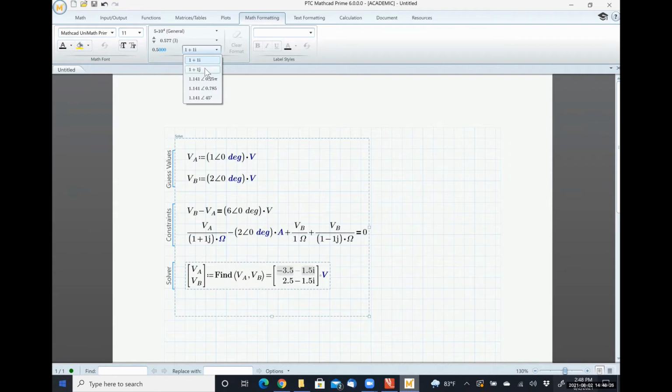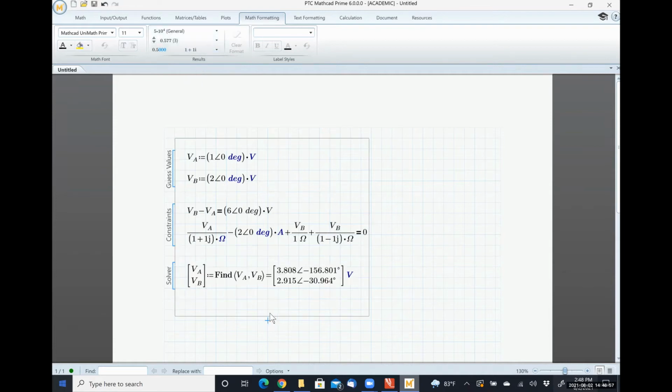The next one down is rectangular format with J as the imaginary operator, which is how we express complex numbers in rectangular form in electrical engineering. Then I have polar form, where I have a magnitude and then an angle in pi radians. I have polar form with an angle expressed in radians. And then finally, I have polar form with an angle expressed in degrees. So that's what I'm going to do.